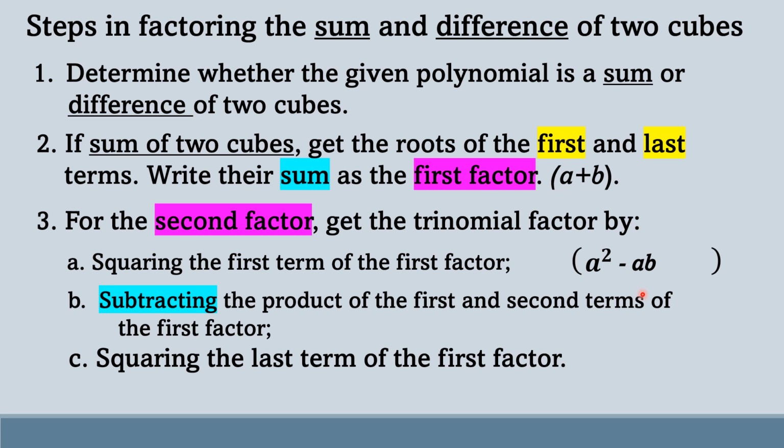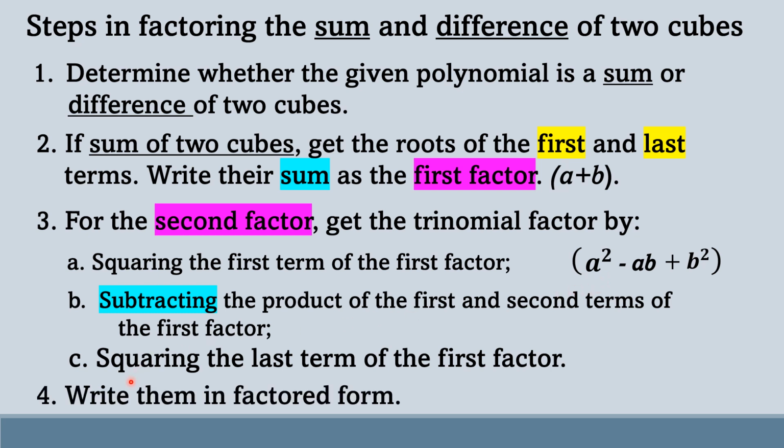Third step is we are going to square the last term of the first factor. The last term of our first factor is B, so we are going to square that, and that is B squared. So this is our second factor.